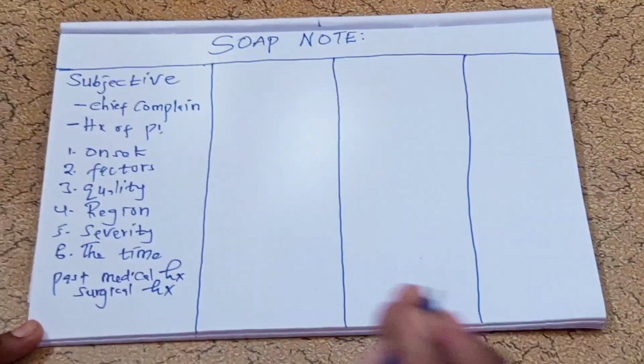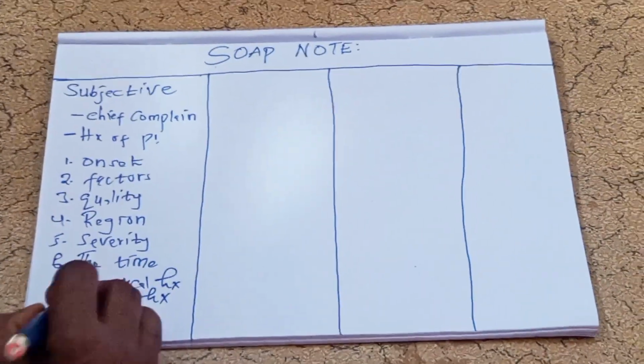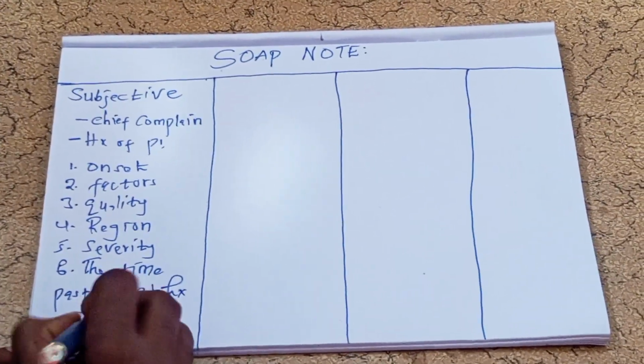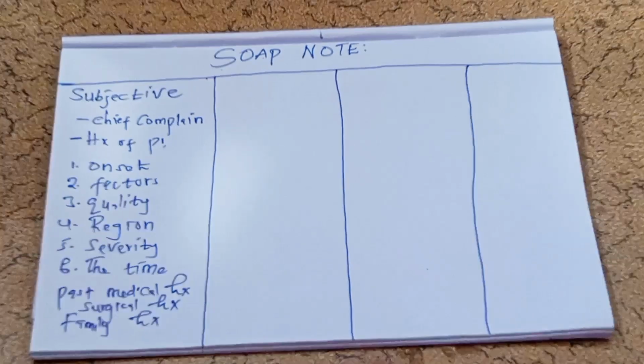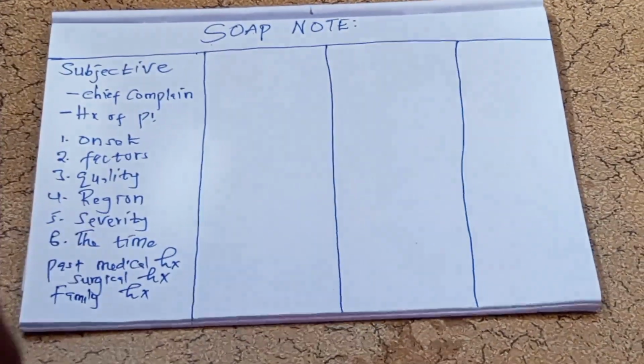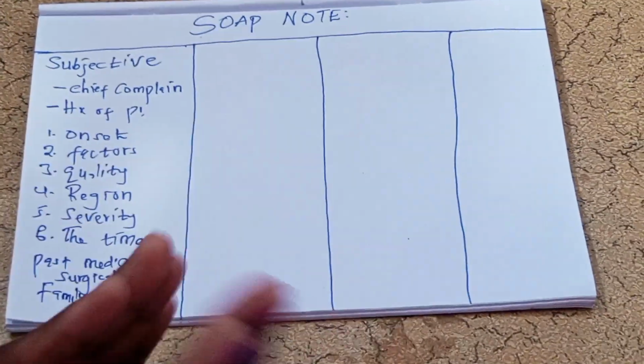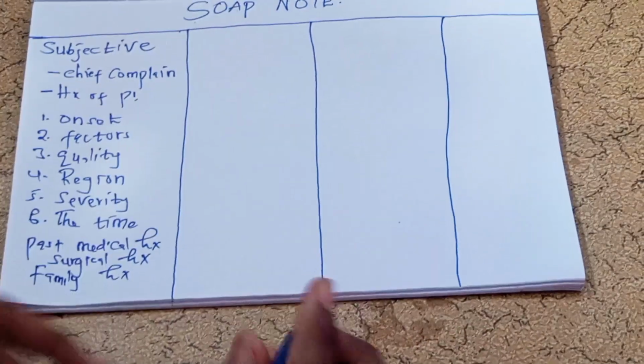So you must also identify family history of the patient, maybe if any other members of the family had the same condition that the patient is suffering from now.